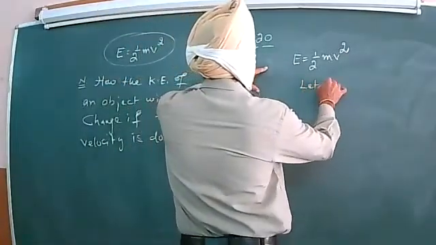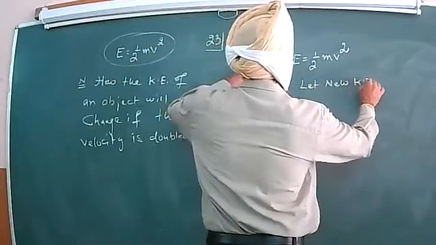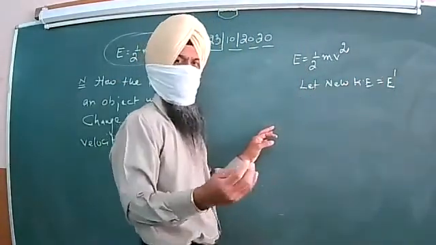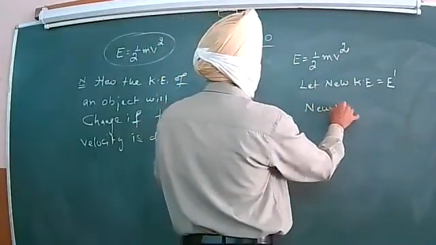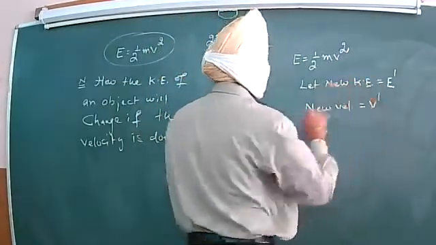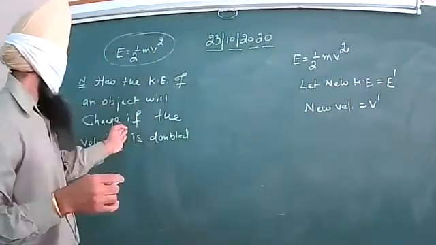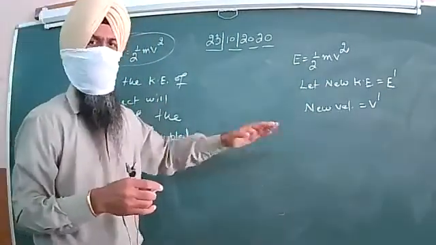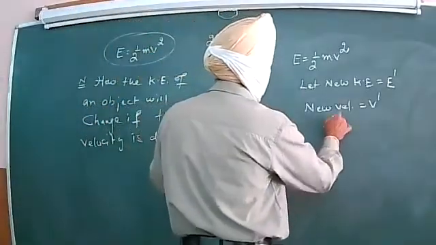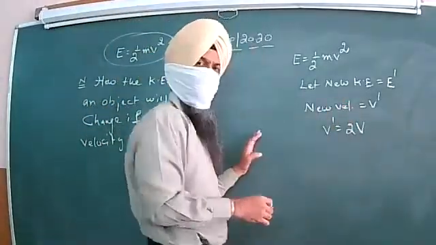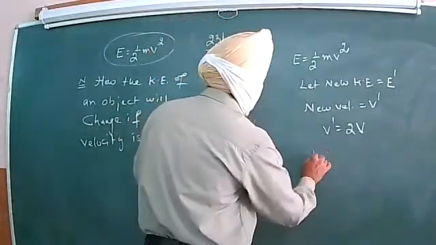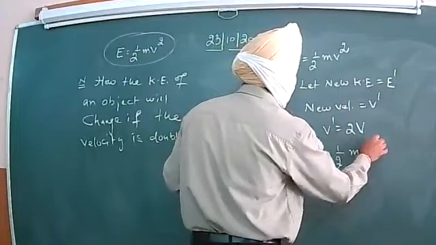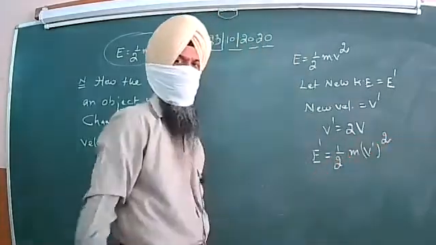Let the new kinetic energy be E dash, and the new velocity be V dash, as the new velocity is given to be double the initial value of the velocity. So V dash will be equal to twice V. New kinetic energy E dash will be equal to half m square of this V dash.